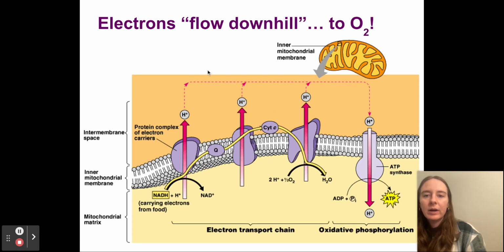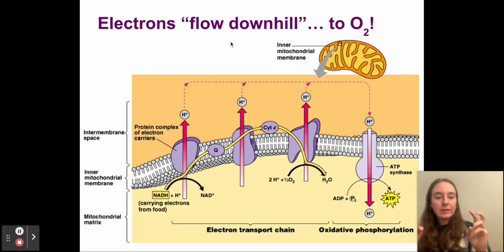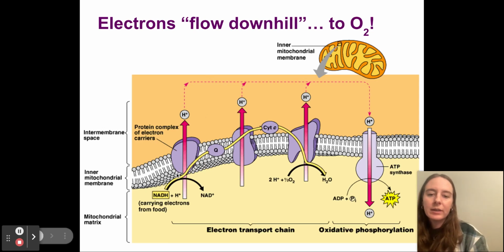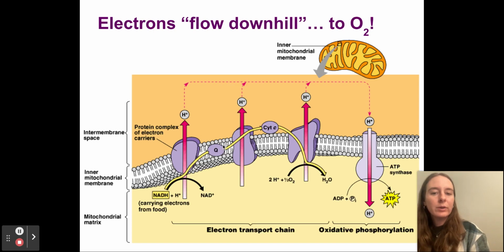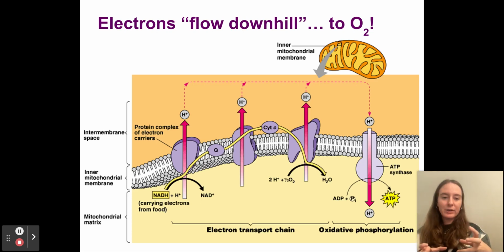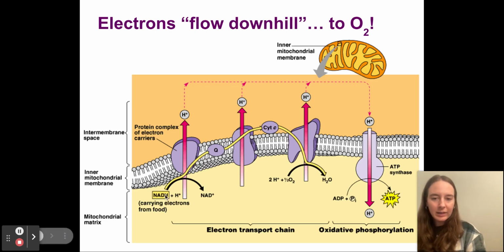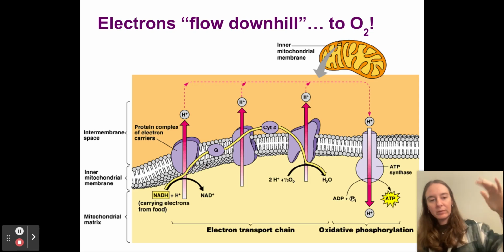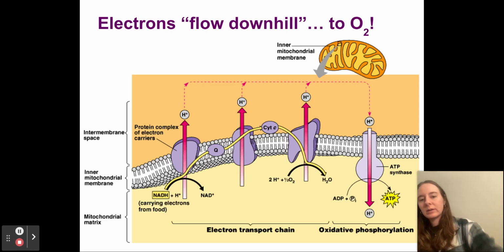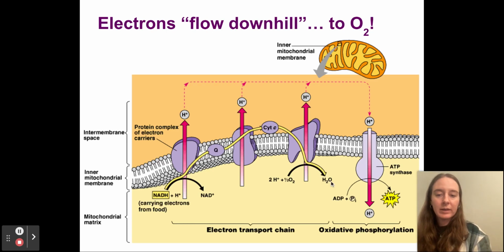And we talk about these electrons as flowing downhill. So as the electrons are flowing, they're being passed on to a new protein carrier or protein complex that lowers the energy of that electron. At the beginning, the electron's really excited, it has a lot of energy. And as it goes down, it's kind of like rolling down a hill. It's losing energy as it goes until finally it's going to be accepted by this last oxygen.